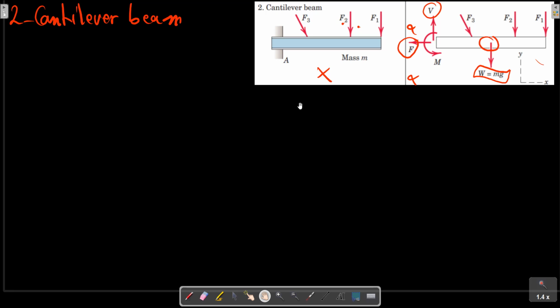The free body diagram is now complete and shows the beam in equilibrium under the action of 6 forces and 1 couple.